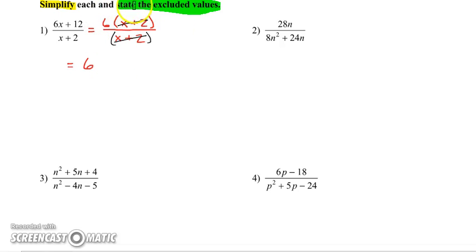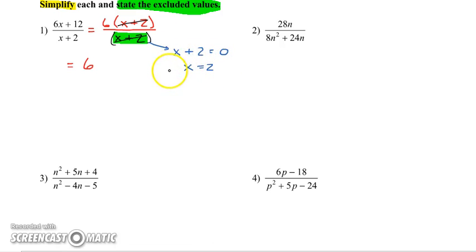But now I still need to do the state the excluded values part. I need to look at the denominator and decide, what value or values for x would make the denominator 0. That's bad news. So if I think about setting the denominator equal to 0, I get an equation that's really easy to solve. If x plus 2 is 0, the solution to that equation is x equals negative 2.